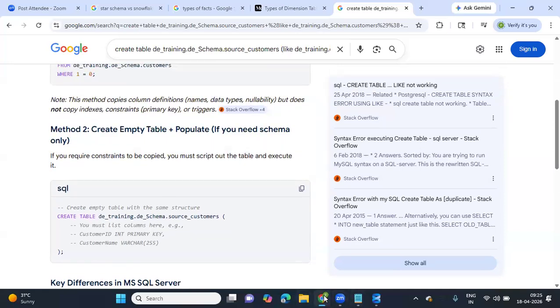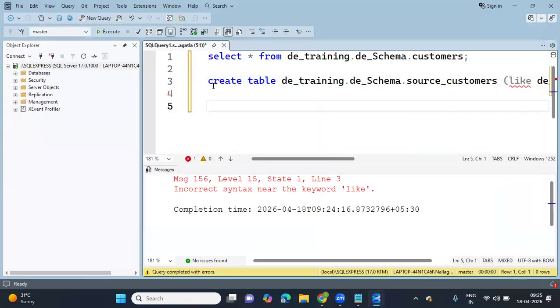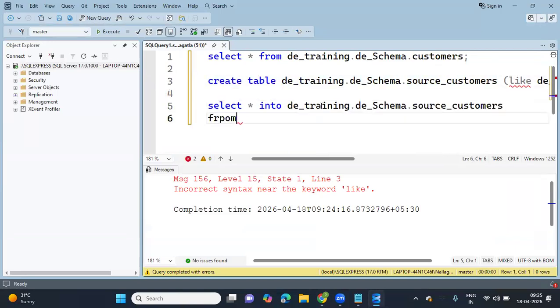Let's see. Select star into this source customer from the target customers. I'm just trying to replicate the structure of the table from the target table without the data. Let's say with a limit 0.